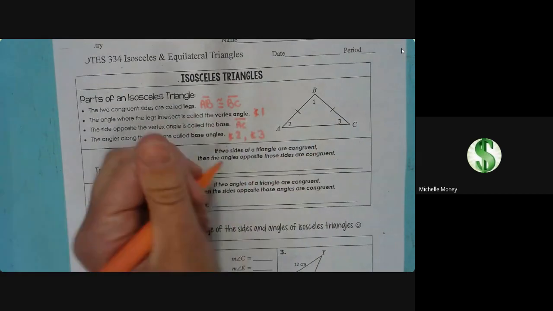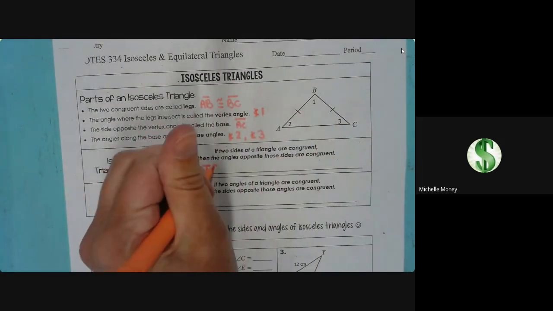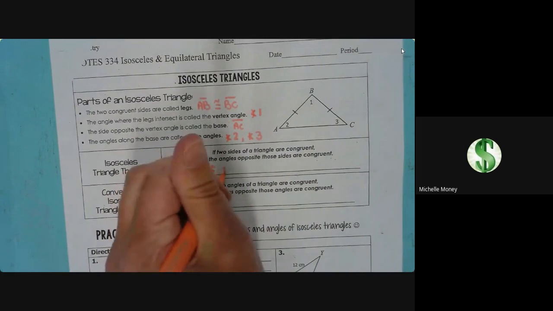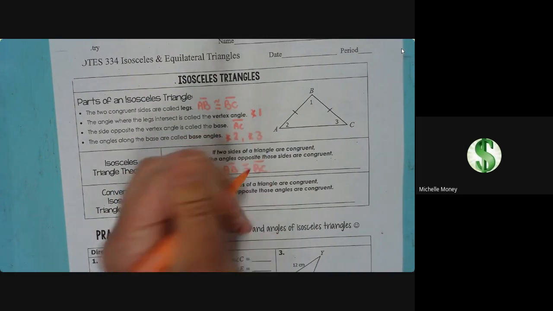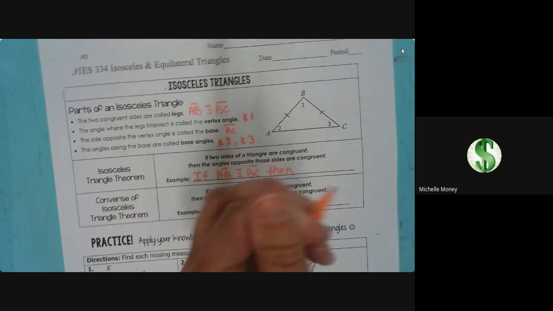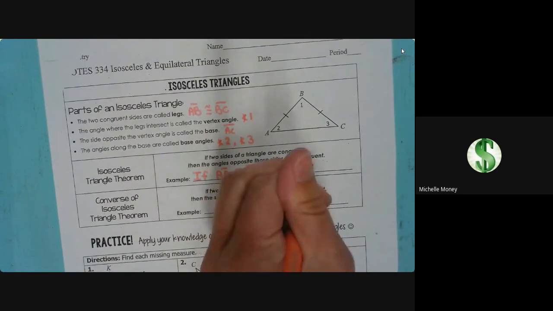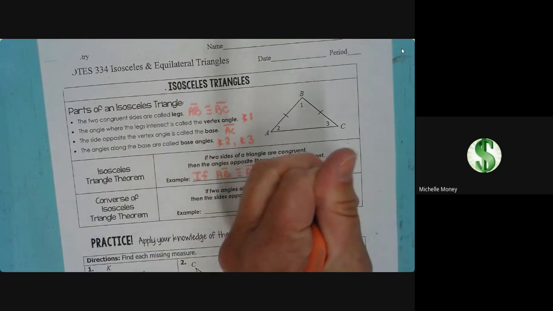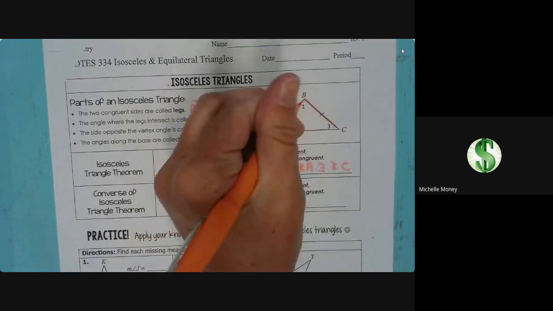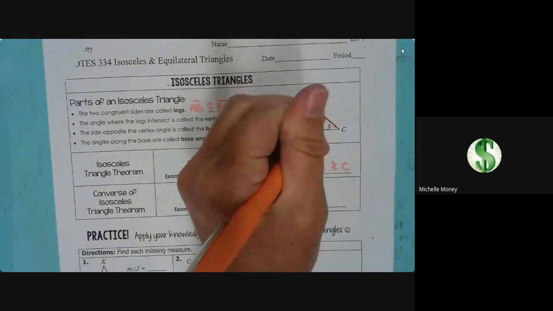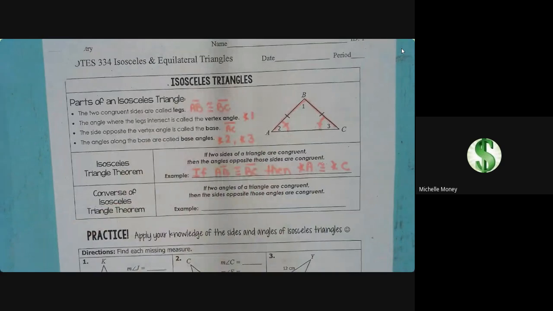Basically, what that means is, so here's our conjecture, if AB is congruent to BC, then angle A is congruent to angle C. So what that says is if we have two congruent sides, we're going to have two congruent base angles. Pretty simple. You already kind of know that.